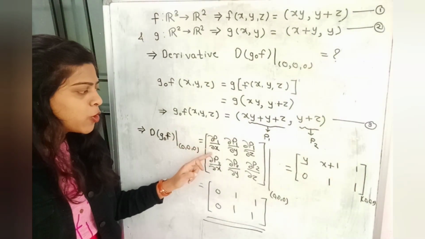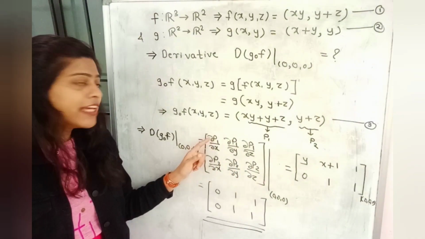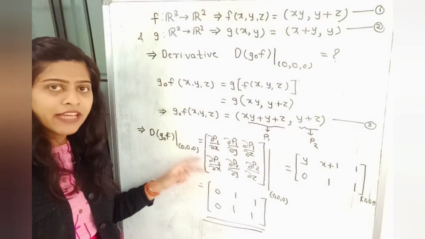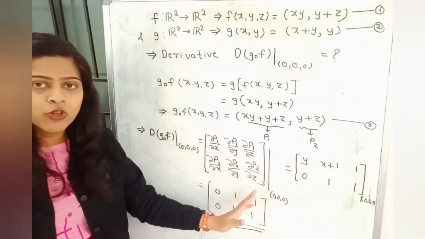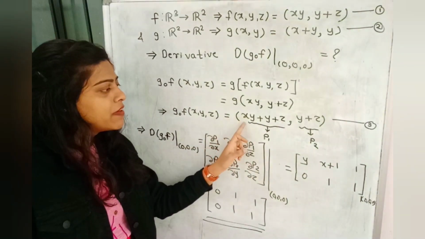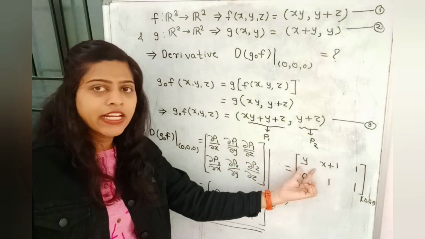So dou p1 upon dou x, dou p1 upon dou y and dou p1 upon dou z, that is the derivative of p1 with respect to x, y, z. Similarly, the second row is the derivative of p2 with respect to x, y, z. The derivative of p1 with respect to x gives y.